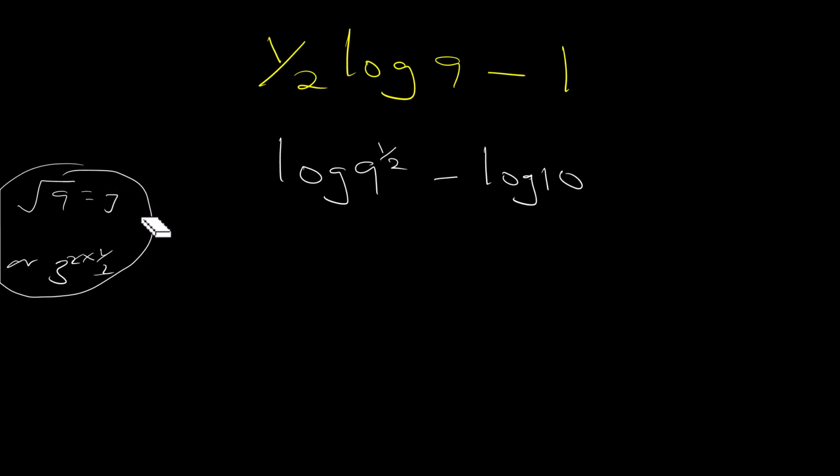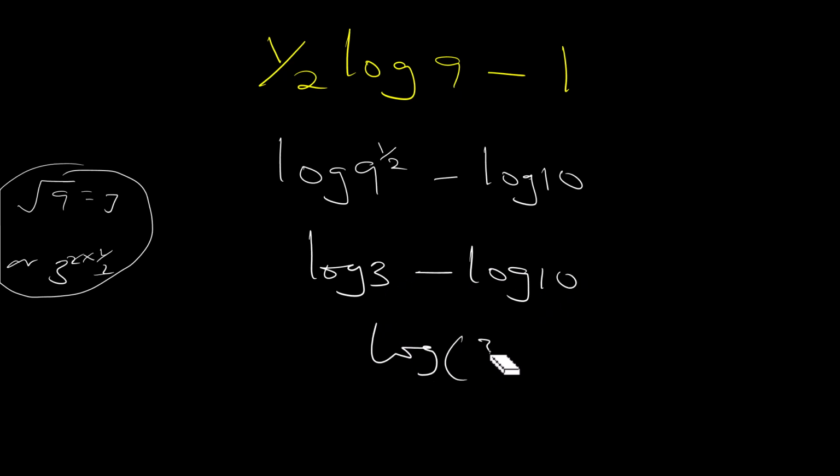Since we can't take the log of a negative number, you can't say plus or minus 3, so we ignore the negative part. This side becomes log 3 minus log 10. So the final answer becomes log 3 over 10. All right, so that's that.